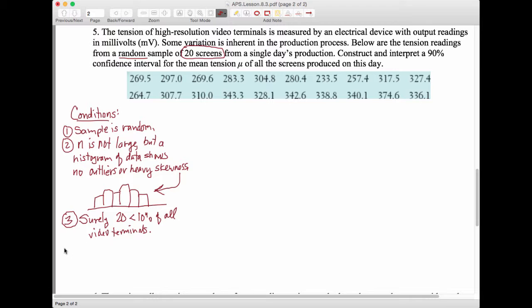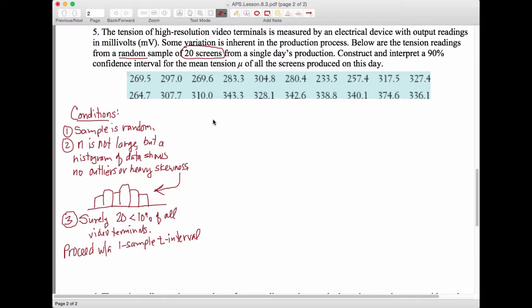Therefore, since the conditions are met, we will proceed with a one sample t interval. That's what we're going to build. So our conditions are met, we're good to go.